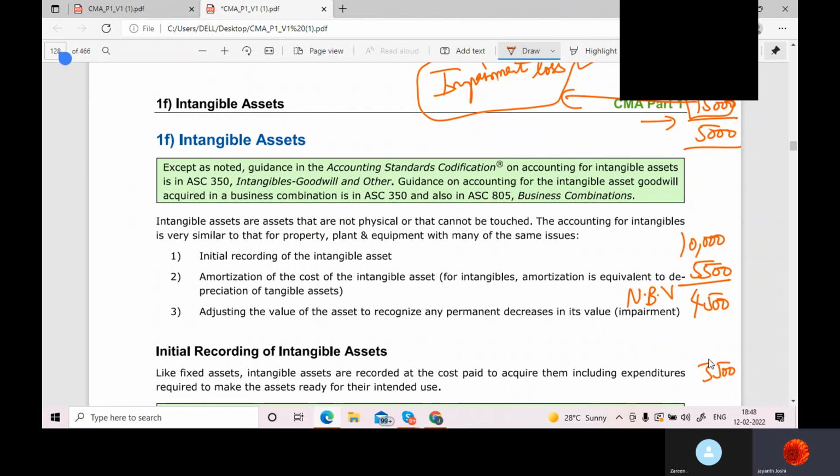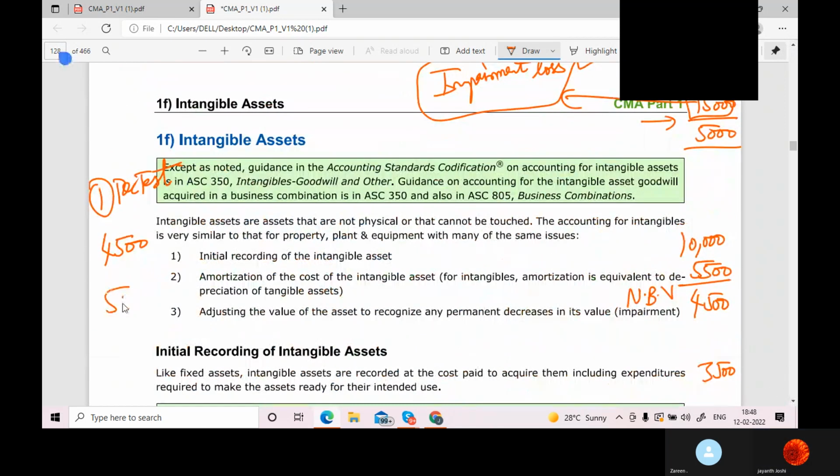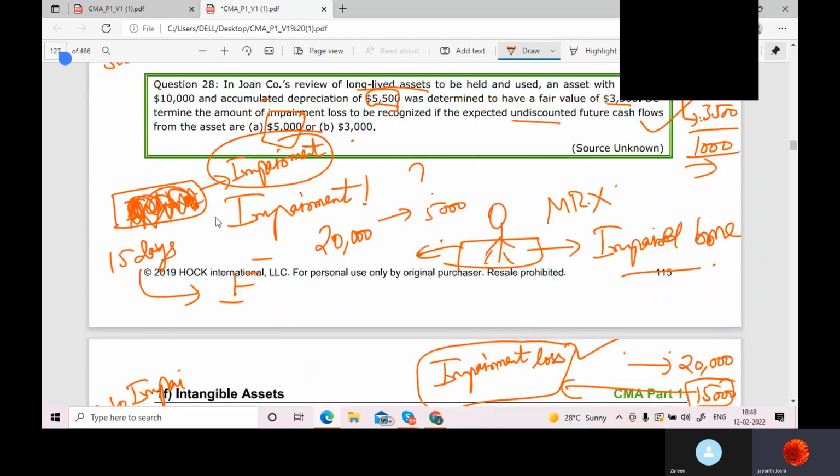Before saying that there is an impairment loss, we first go with step 1, the recoverability test. Under the recoverability test, we take the new book value and compare it with the undiscounted cash flow. Here we have recovered the book value. Our undiscounted cash flow is more than this, so the recoverability has happened. So no impairment loss. My mistake was I took the accumulated depreciation here. I'm sorry.